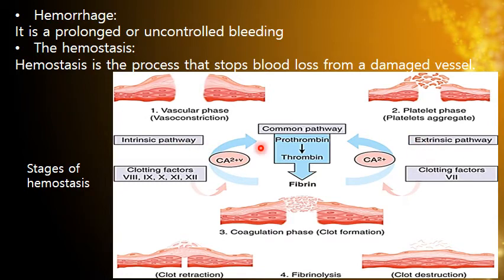In both, we will have the activation of prothrombinase enzyme. With the presence of calcium, it will convert prothrombin, a soluble protein normally found in the blood, to thrombin. And then this thrombin, along also with the calcium, will cause the fibrinogen to become fibrin.